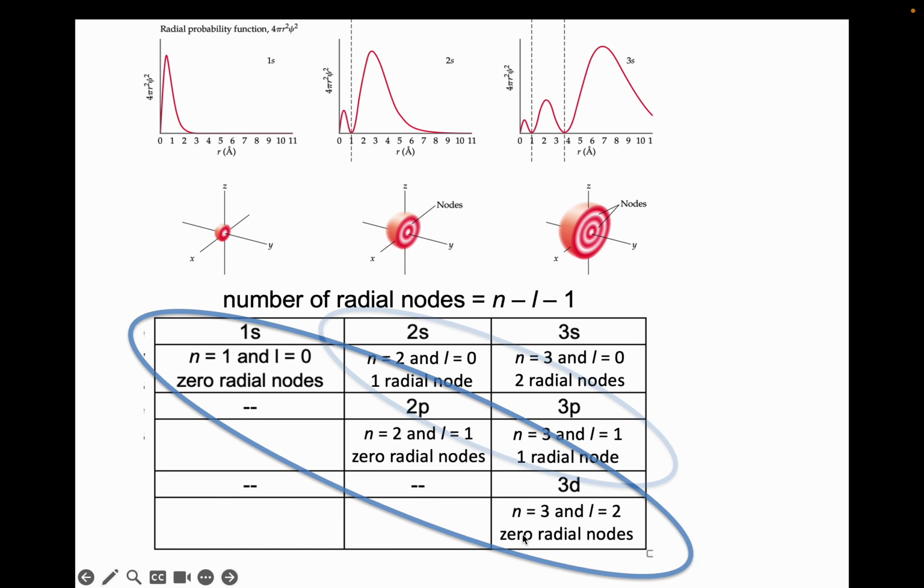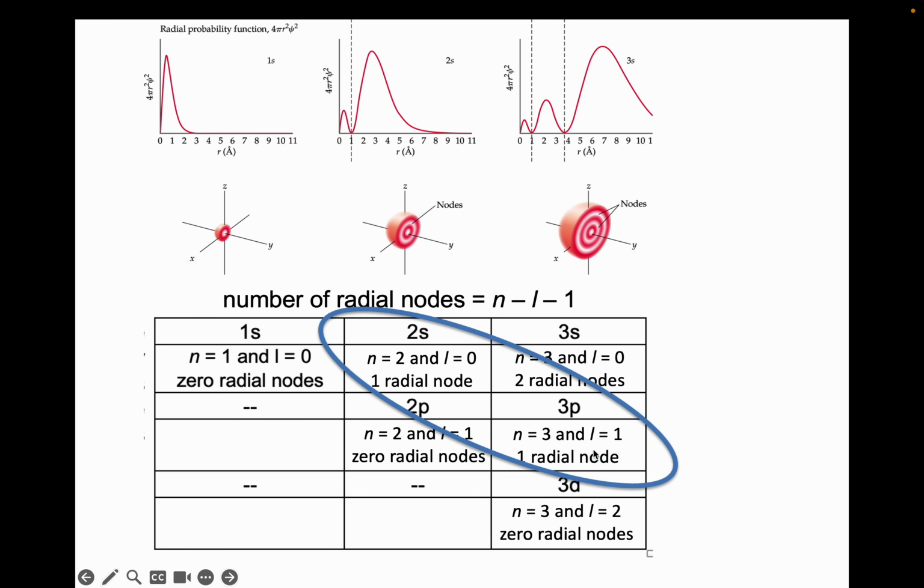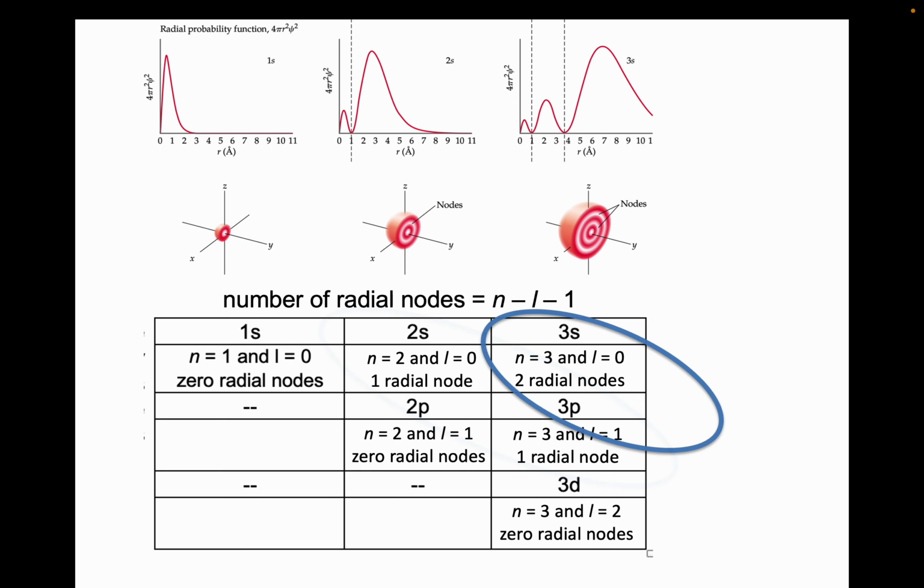The second time I find that, meaning the 2s or the 3p, I've now introduced a radial node, and that pattern continues. The third time I have it, like the 3s, you would notice that increase, so now I have 2 radial nodes present. So this picture here of the first time we have the atomic orbital with no nodes, and then it adds 1, it adds 2, that same thing is found when I'm beginning with the 2p or I'm beginning with the 3d.